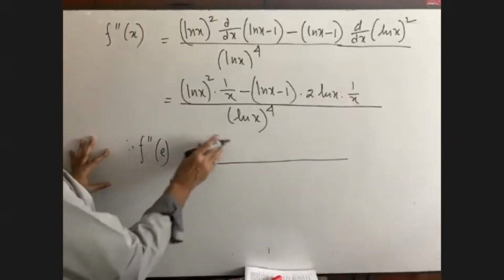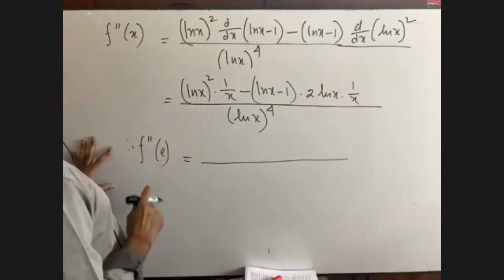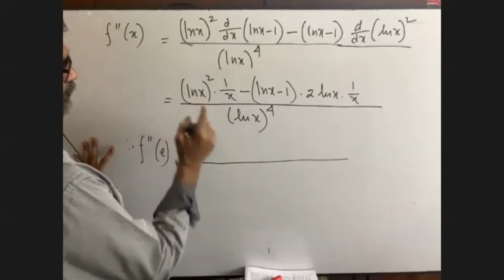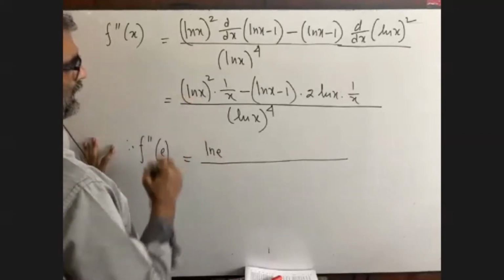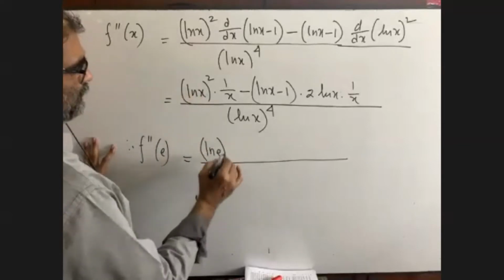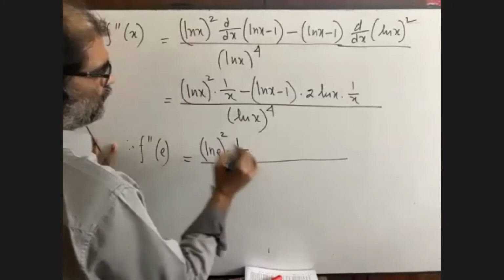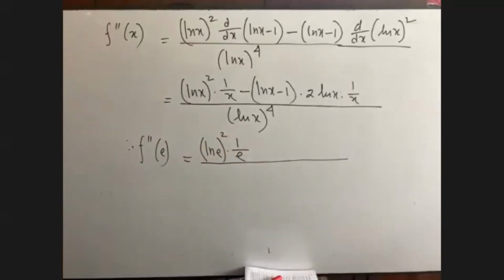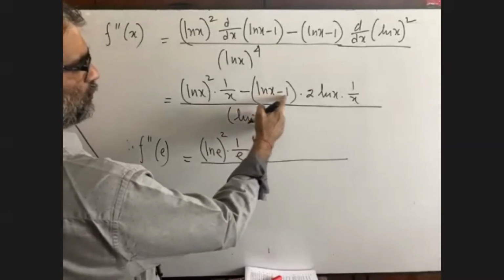Okay, or we are getting x equals to e, the ln e. Ln e equals to what? 1. If x equals to e, I'm going to write down ln e, x equals to e, ln e dot 1 by e. And you see it is ln e. Ln e means 1. 1 minus 1 equals to 0.